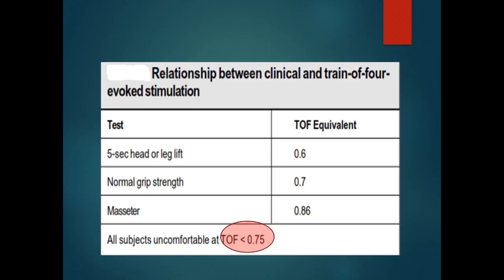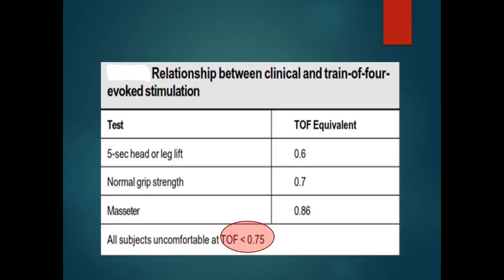What is the relationship between clinical signs and the train of 4 evoked stimulation? Usually what we do is a 5 second head raising test or leg lifting test, the hand grip reflex, and the mesenteric reflexes.